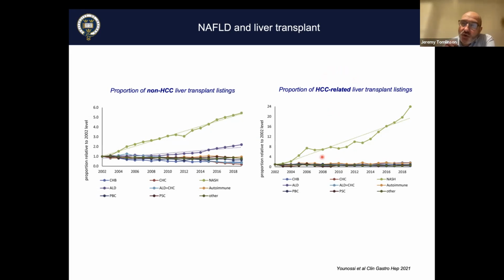Again, it's the cause related to fatty liver disease that is increasing so much faster than all the other causes. In terms of absolute numbers, alcohol probably still tops fatty liver disease as the most common indication for liver transplant, but actually the two lines are merging. So this is a big problem, and there seems to be no attenuation of the gradient of increase in the rise of NASH as an indication for liver transplant.